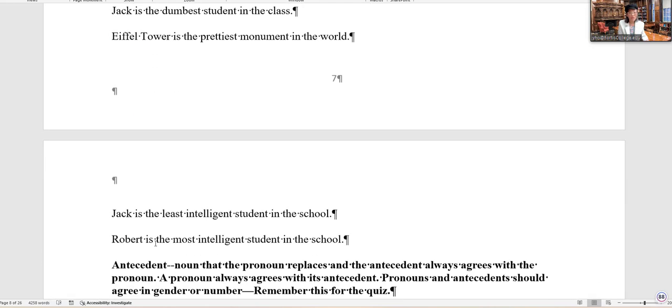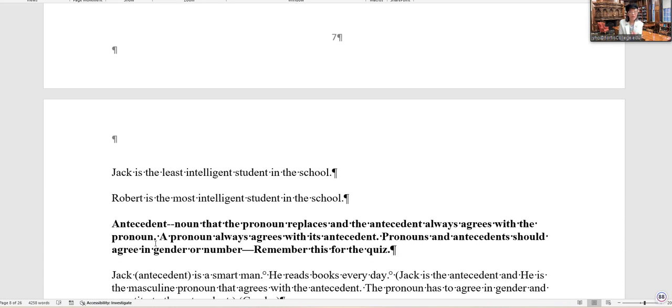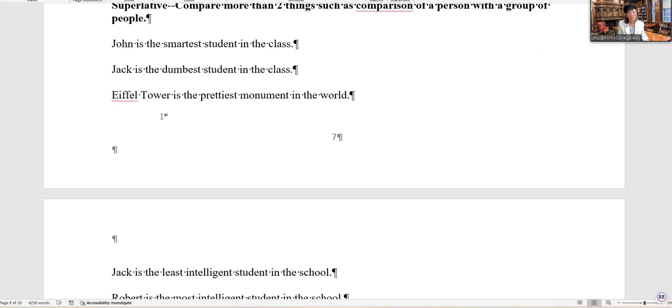But if you have more than two syllables, like intelligent, then we say Jack is the least intelligent student in the school, or Robert is the most intelligent student in the school. We do not say intelligentest, like we would say smartest or dumbest.